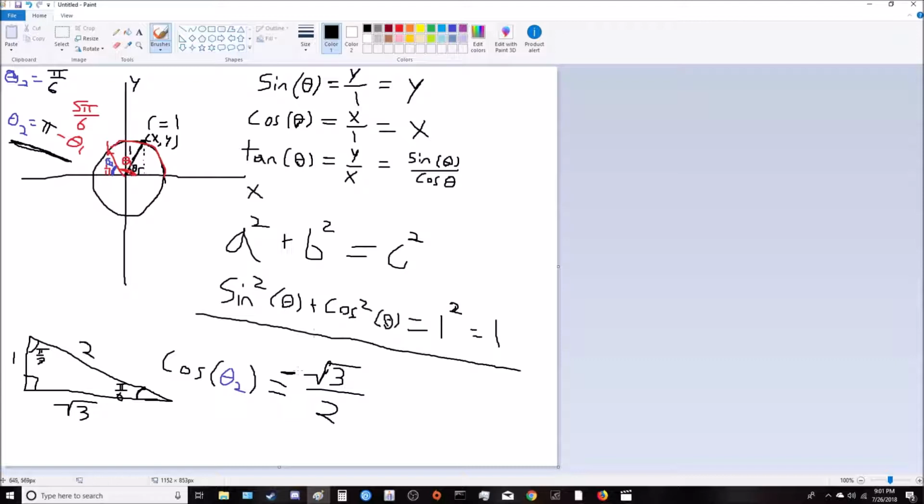But back to the actual math. So that's how we would do this for 5 pi over 6. We just find the equivalent angle, our theta sub 2. We solve for that, and then we consider the dimensionality. And that's really all you have to do for problems like this.